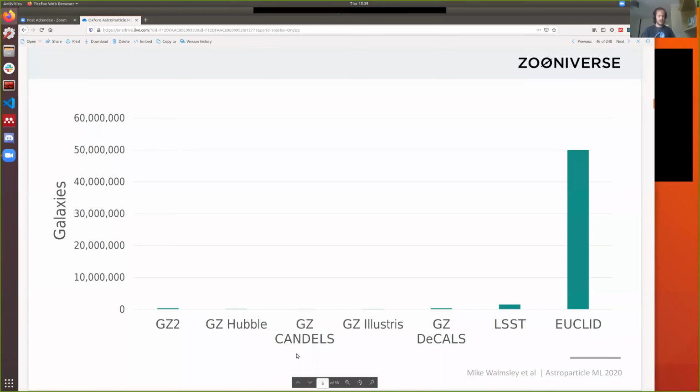So we have to scale Galaxy Zoo, but we also have to do it right. We have to understand the uncertainty from our volunteers in the quality of their labels. We have to understand the ambiguity in our data, and we have to understand the confidence in our predictions if we want to draw meaningful conclusions.